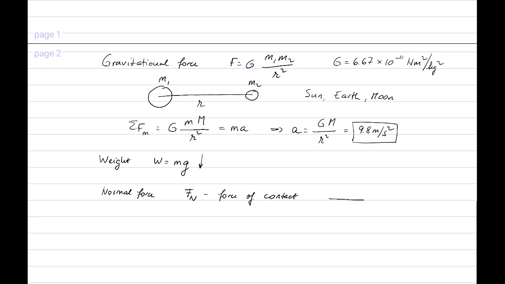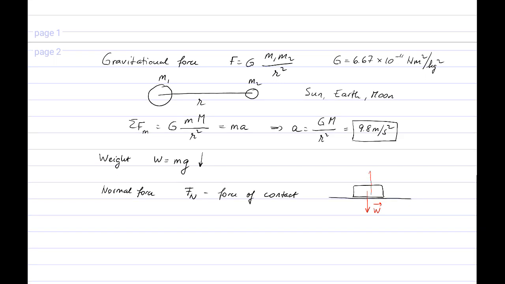So let's say that we have a table and we're placing a block on the table. The forces that act on this block are going to be its weight, and the fact that the block is not going through the table means that something is holding it up, and what is holding it up is this normal force.